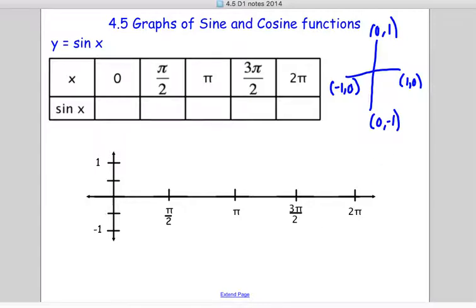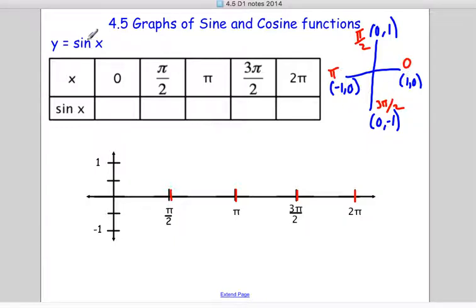And those points happen at 0 radians, at pi over 2 radians, at pi radians, and 3 pi over 2 radians. So whenever I graph a trig function, I make 4 tick marks. And those 4 tick marks correspond to these 4 right here.